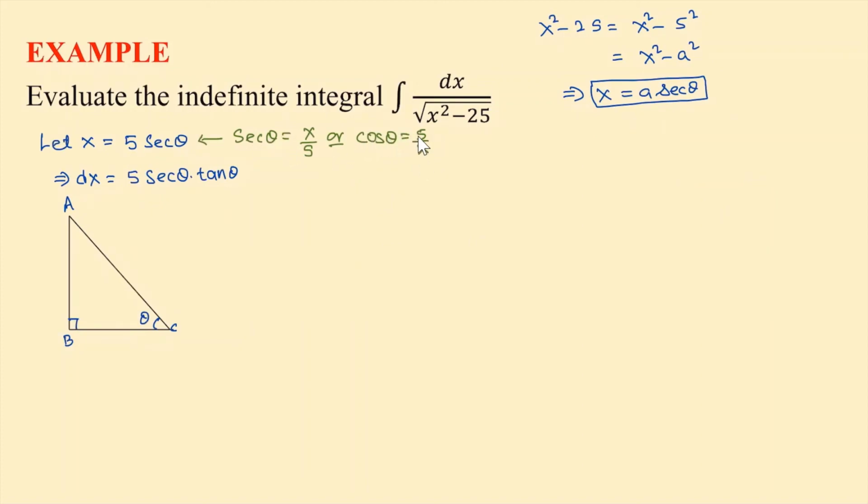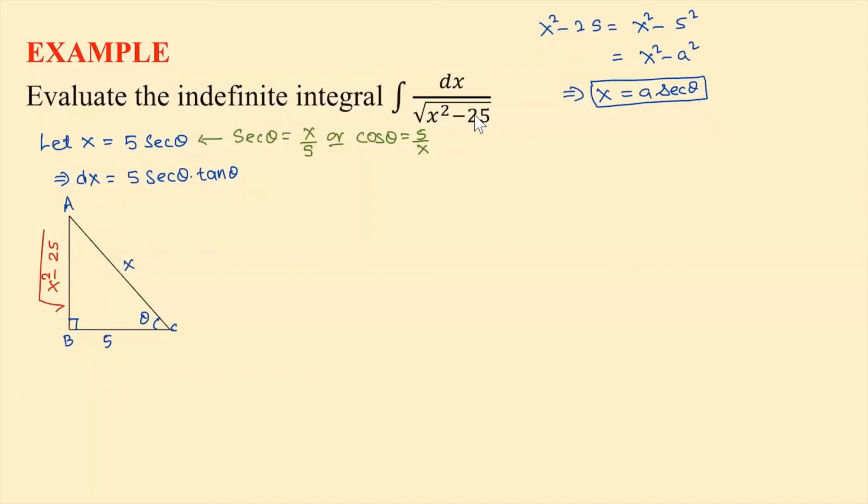Cosine is adjacent over hypotenuse, so adjacent is 5 and hypotenuse is x. The missing side we can find using the Pythagorean identity. So it will be square root of x squared minus 25.